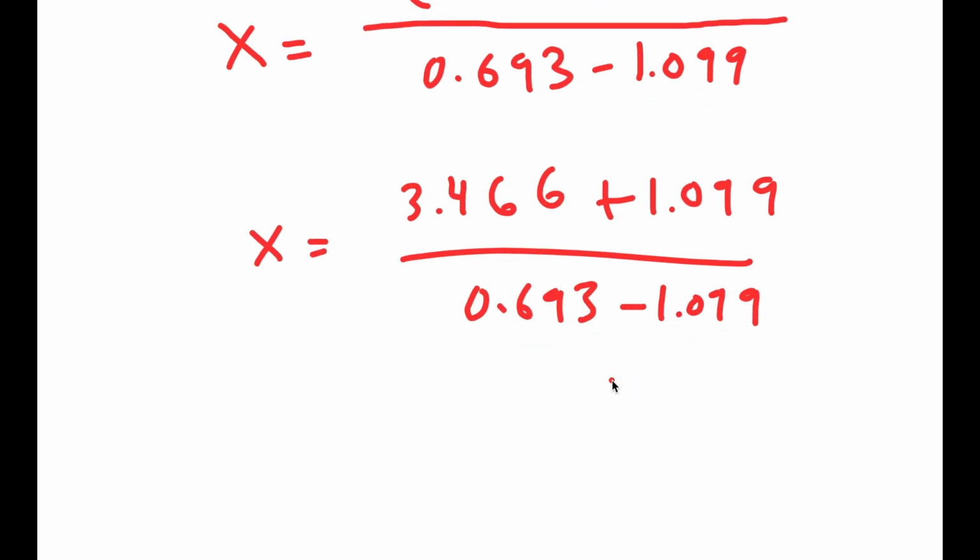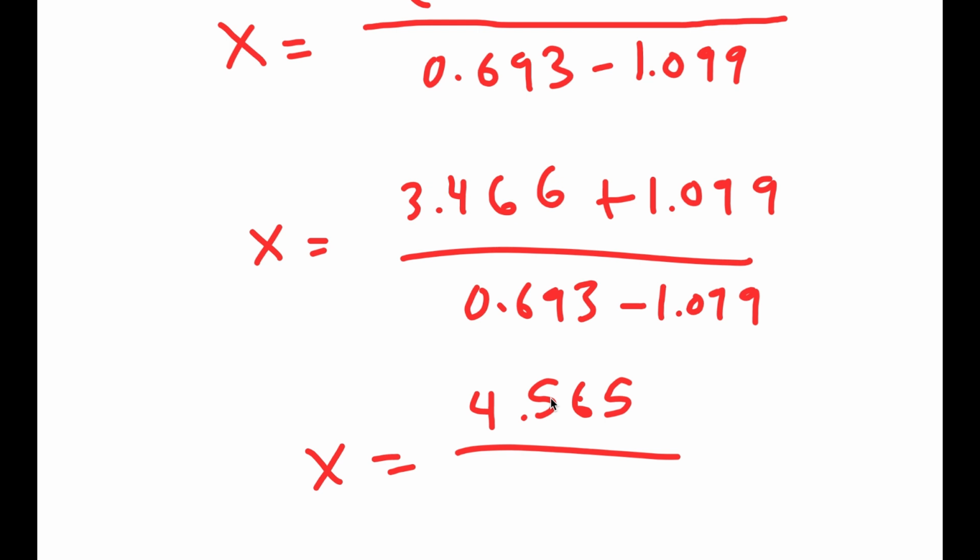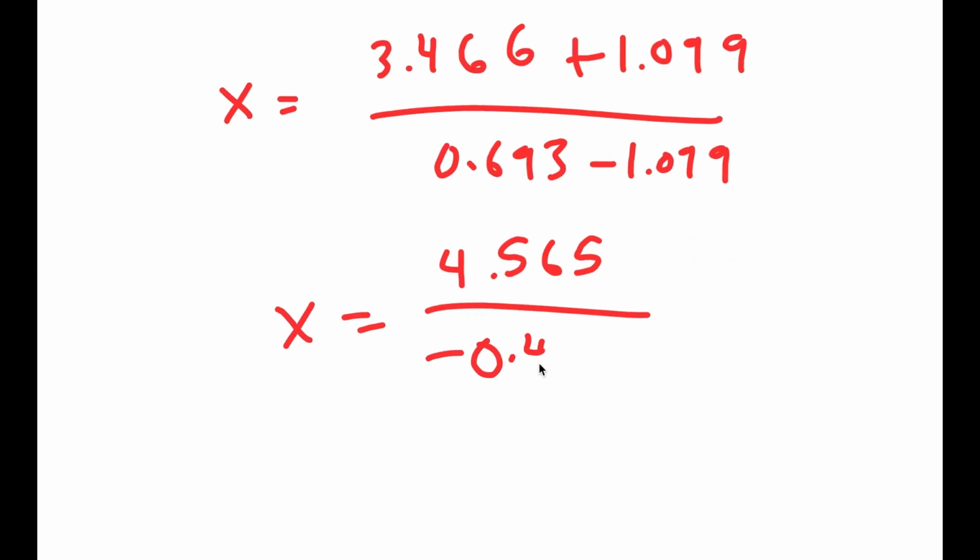So now 3.466 plus 1.099 is equal to 4.565. So I have this over 0.693 minus 1.099, which is equal to negative 0.406.